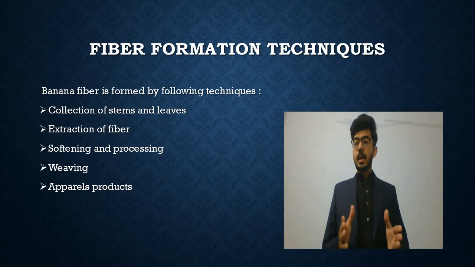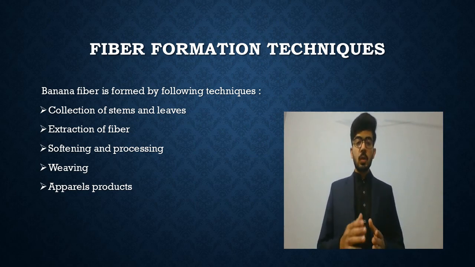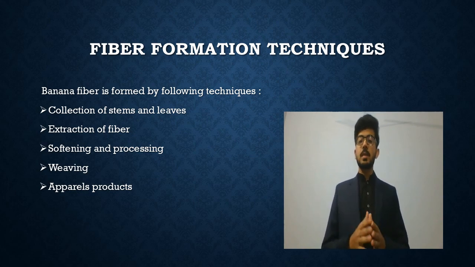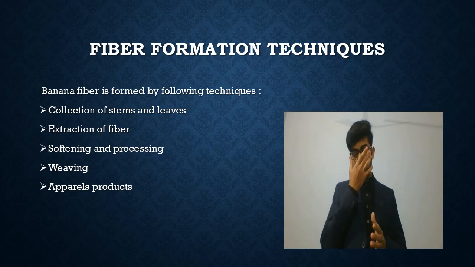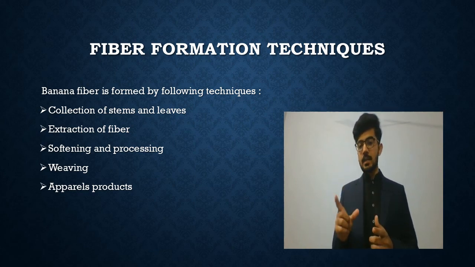So in this slide, we study the steps in the formation of the textile of banana fiber. There are a total of 5 steps in the formation of banana fiber. First step is the extraction of stems and leaves.